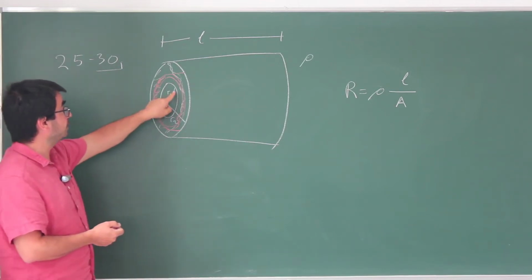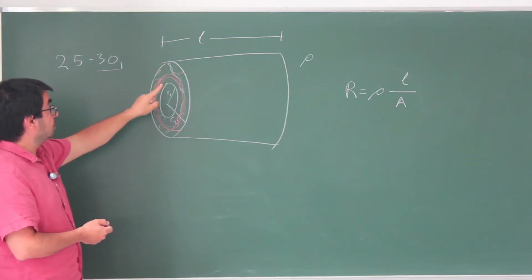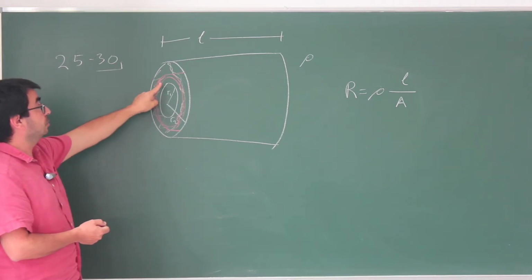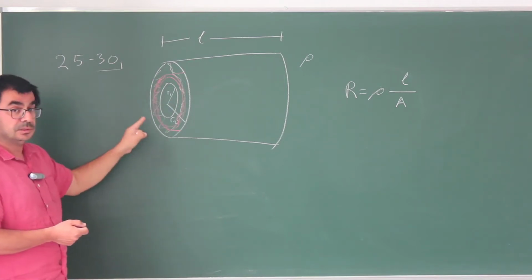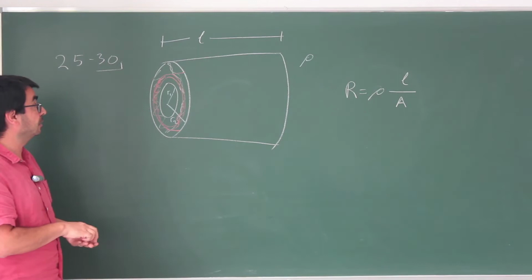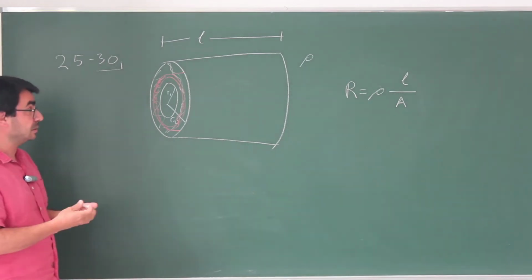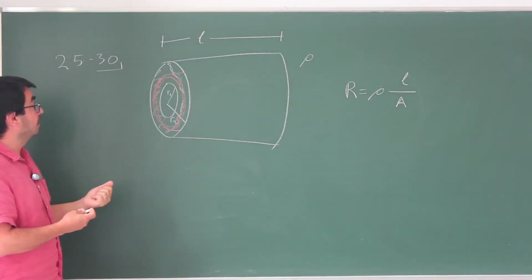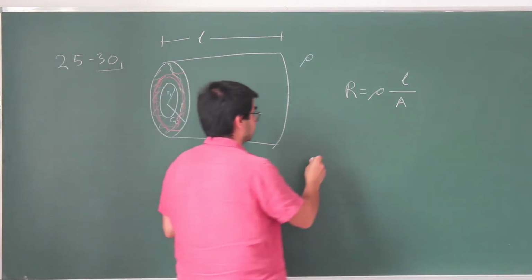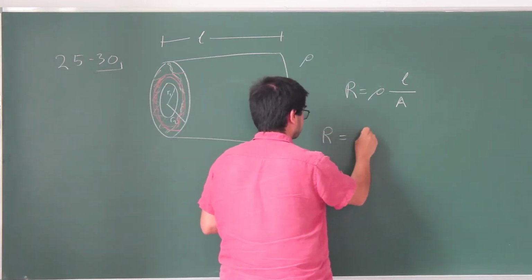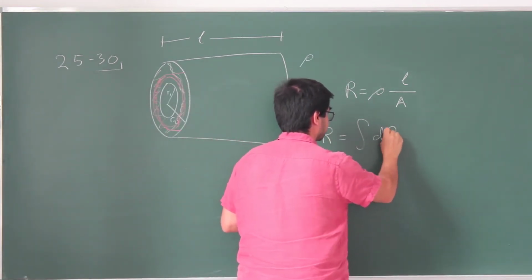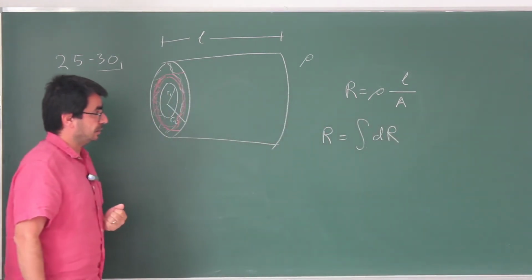And the current is flowing from inside to the outside. So the same current is going to pass through all these cylindrical shells, which means all those resistors are in fact connected in series. And for the series connection, we simply add up the resistances. So our total resistance is going to be just the sum of the little resistances of those cylindrical shells.